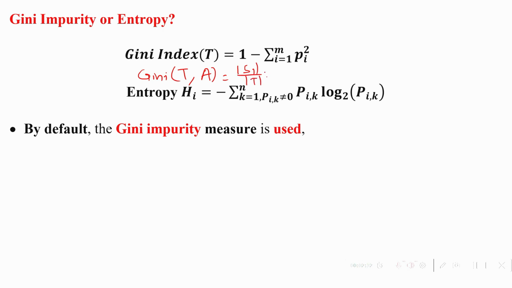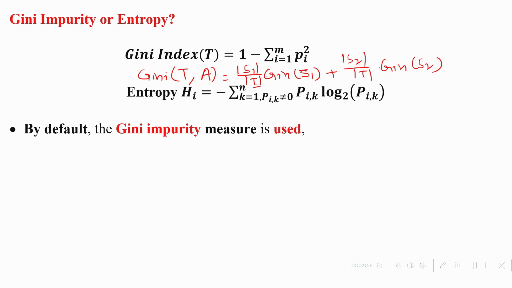mod of S1 by mod of T into Gini of S1, plus mod of S2 by mod of T into Gini of S2. Here S1 is the subset 1, and mod S1 is the total number of elements in subset 1, and T is the total number of elements in the entire data set.